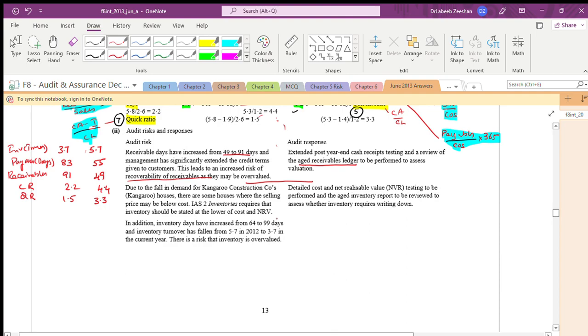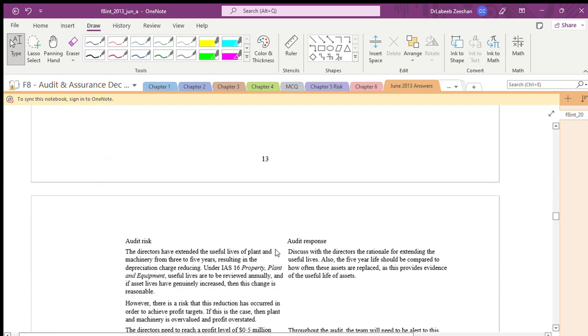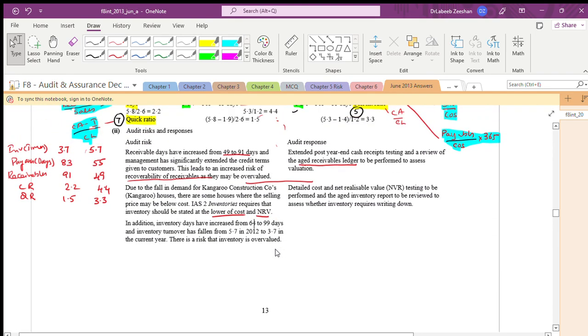Net realizable value or lower of cost. What is the risk? If you are selling the inventory below the lower cost, it is not acceptable. Is it right? That's what it says. It is not acceptable.